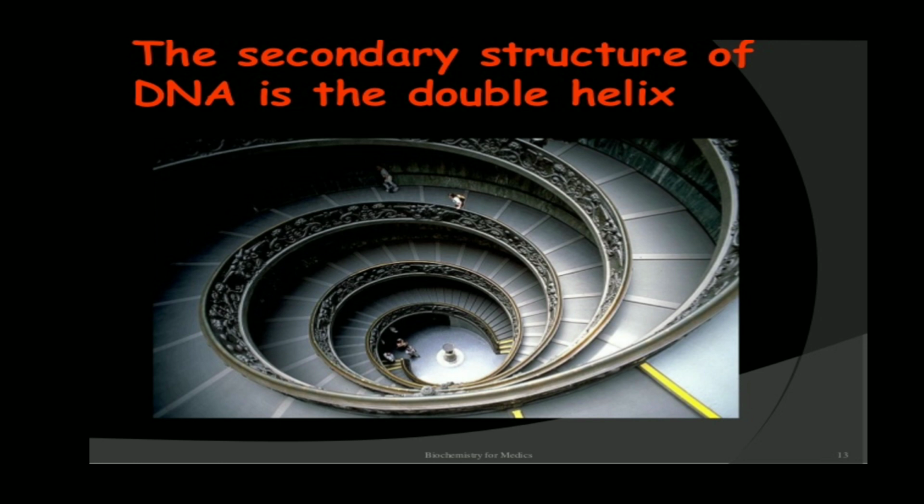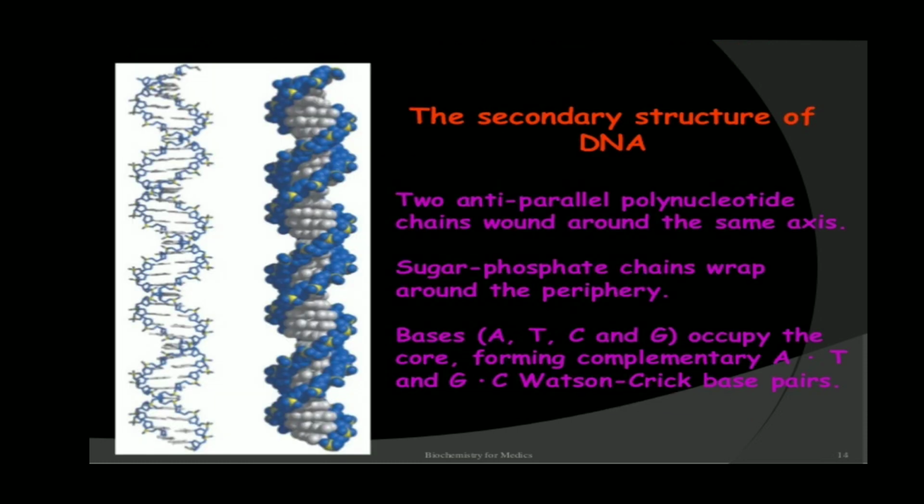Imagine that these are two different strands, connected to each other by hydrogen bonds. So this is the secondary structure of the DNA, which shows two antiparallel polynucleotide chains wound around the same axis.